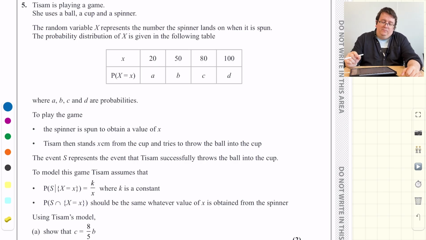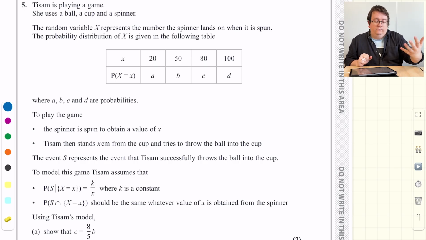To model this game, Tissam assumes that the probability of S, given that x is equal to x, is k over x, where k is a constant. So what that's saying is the probability of Tissam successfully getting the ball into the cup, given that the distance from the cup is x, is k over x.